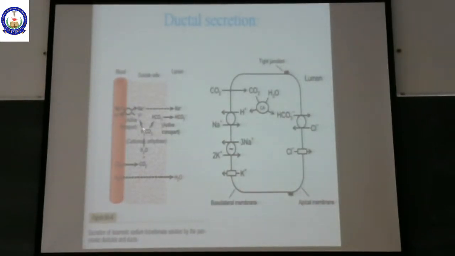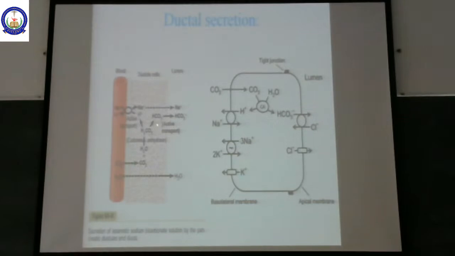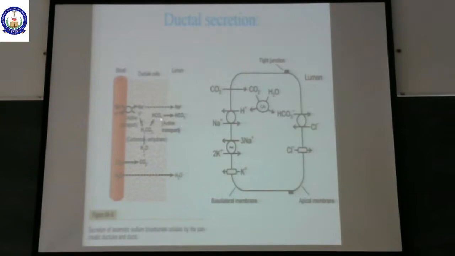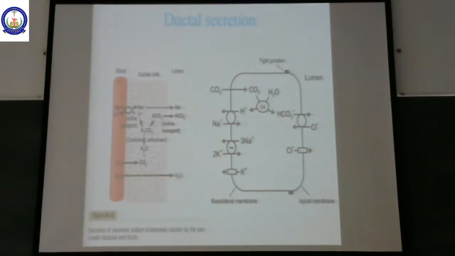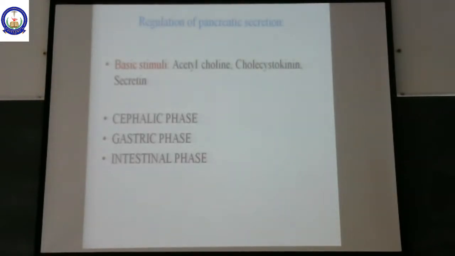This bicarbonate is going to be secreted from the ductal cells into the lumen. So, this is how bicarbonate is secreted into the pancreatic juice.